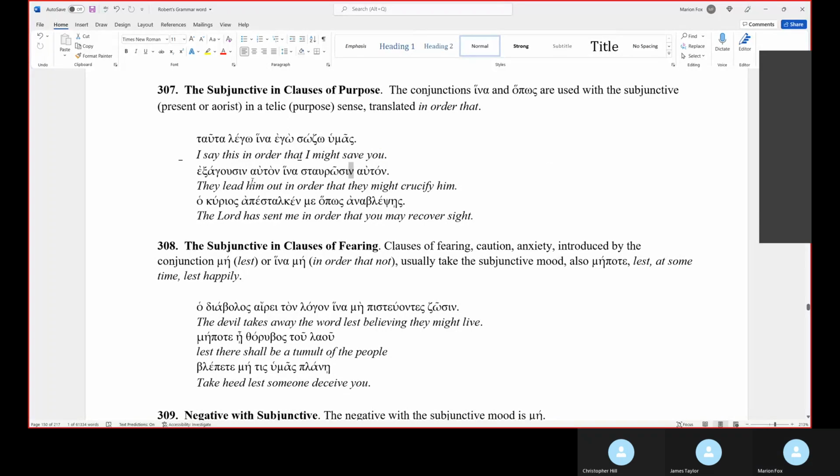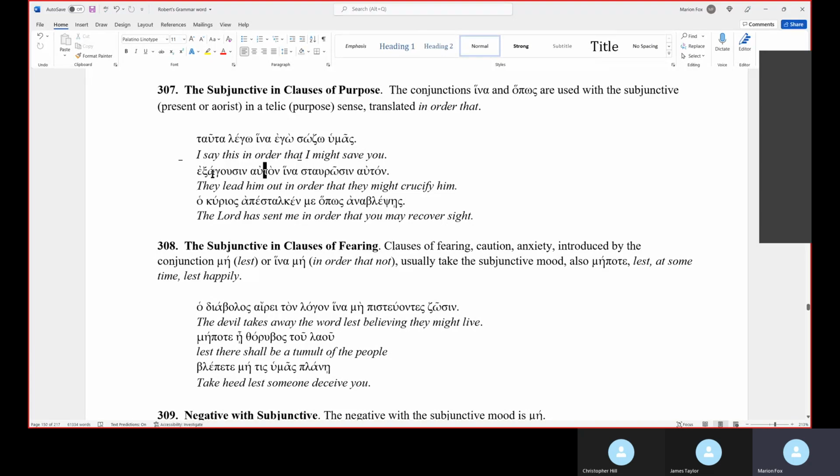Okay. They lead him, and this is ago, and then usi, they lead, and then ex, out of. This was a kappa, but because of the sigma here it becomes a xi: ex, out of, they lead him, auton, him, accusative case, out.